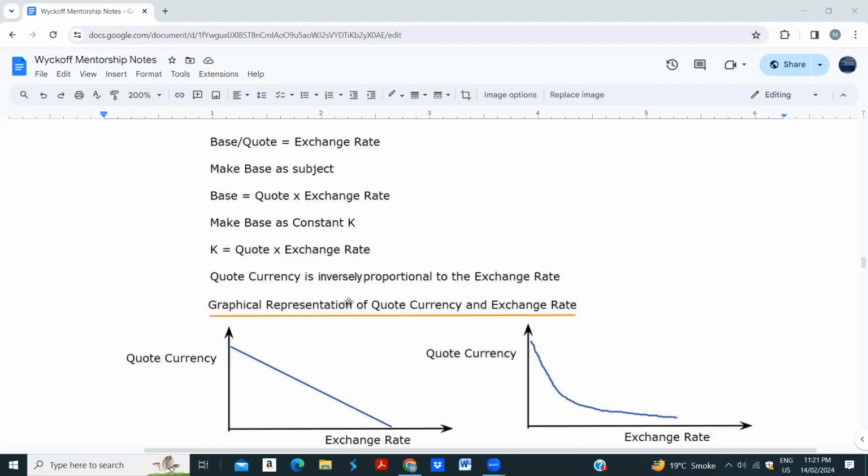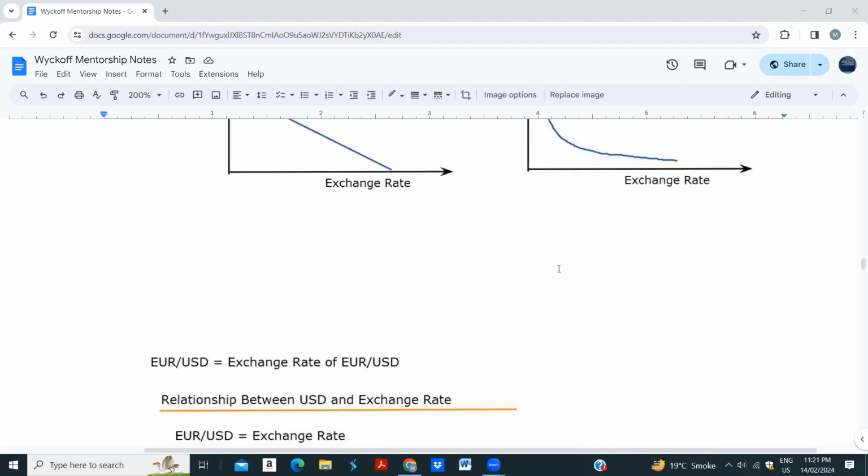Now we have to do the graphical representation of the quote currency and exchange rate. It's very simple.